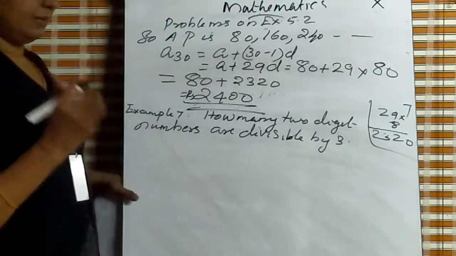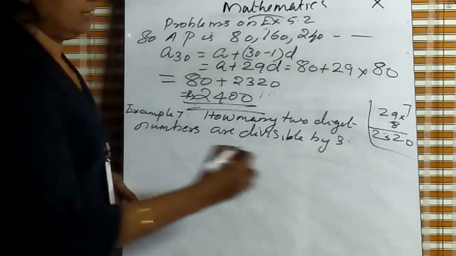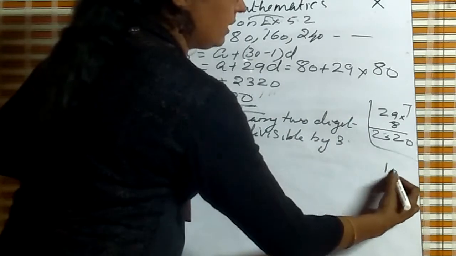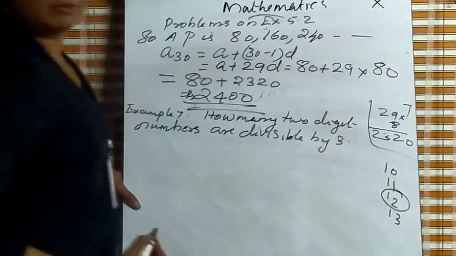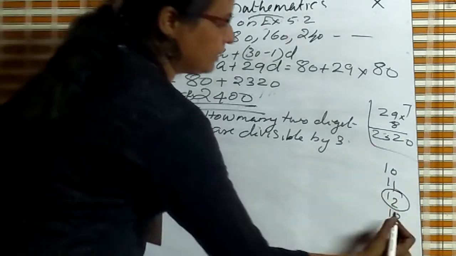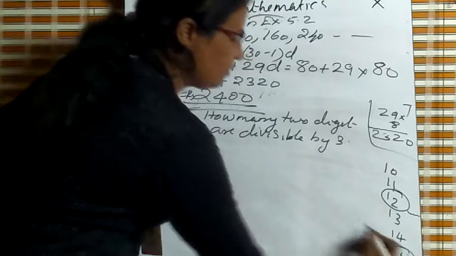Which is the smallest 2-digit number divisible by 3? 2-digit numbers: 10, 11, 12, 13. Which is the smallest one divisible by 3? 12. Next 14, 15, 16. Next one, 15.